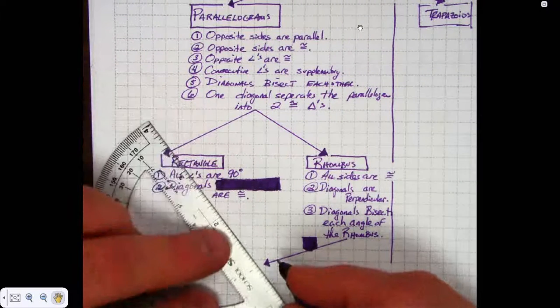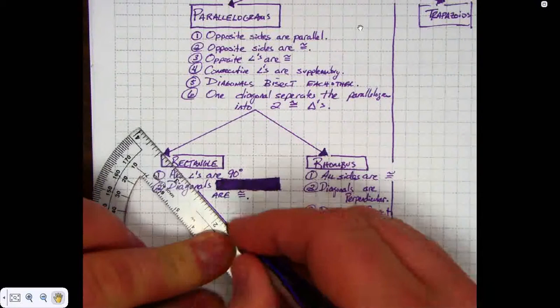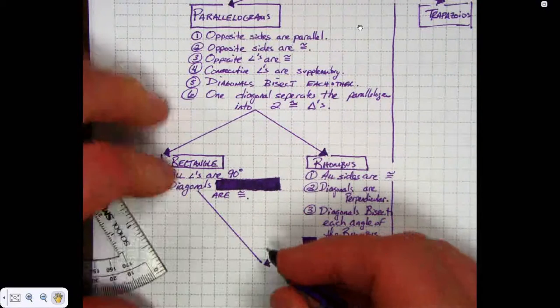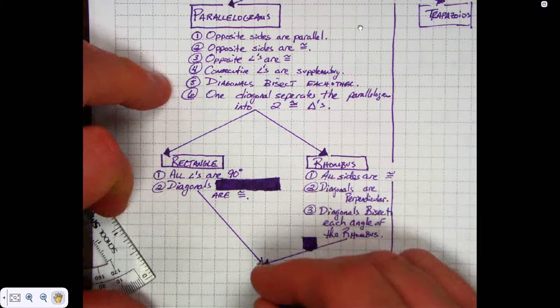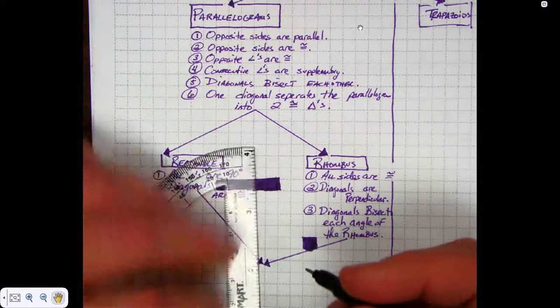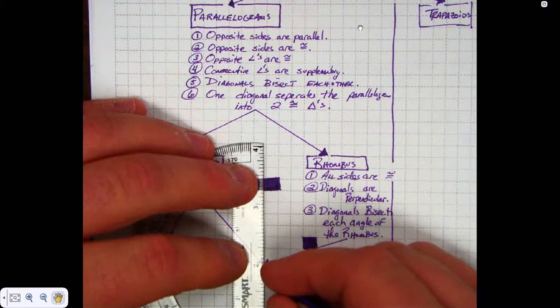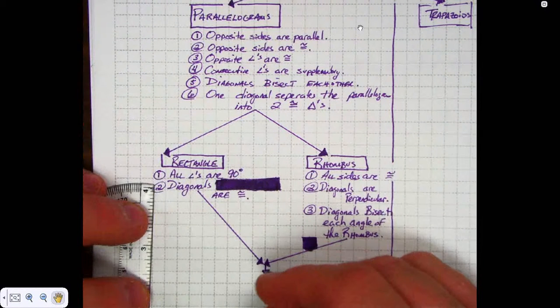Anybody? Nope. 9. Or if you count the quadrilateral, there's what? 10. Now, why is that?